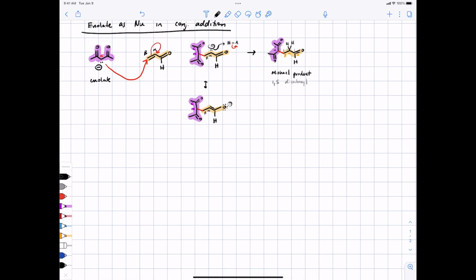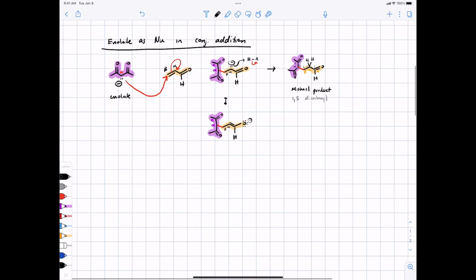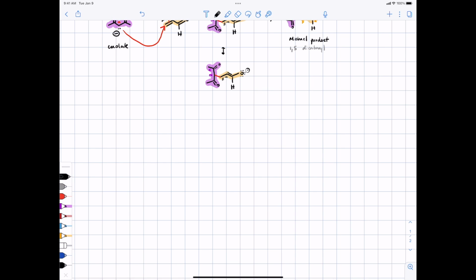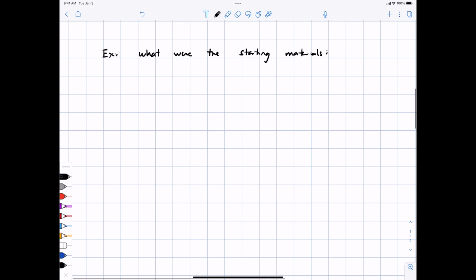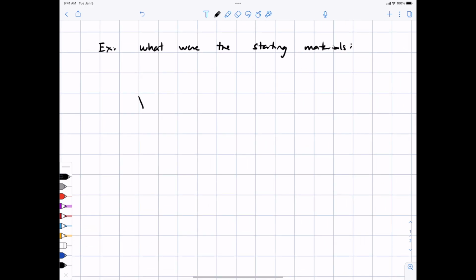So, as an example, let's do what were the starting materials, and this of course isn't going to be multiple choice, but you can imagine how you would format this in a multiple choice way.